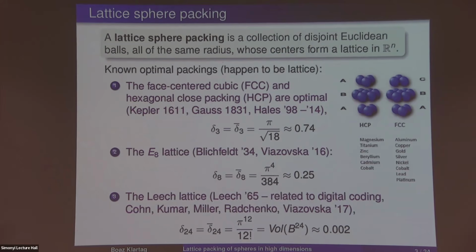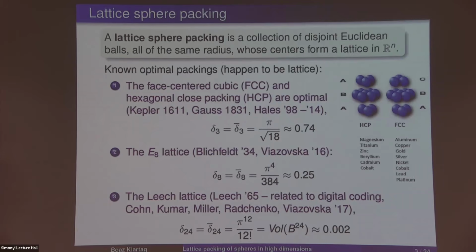Now, my impression is that at the time of Blichfeldt, the sphere packing problem and the lattice sphere packing problem were very theoretical questions in number theory related to quadratic forms. But more connections were found in the 1940s and 50s thanks to the advancement of computers and communication, and error correcting codes and digital coding.